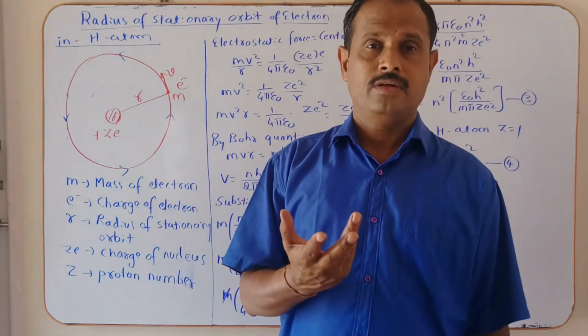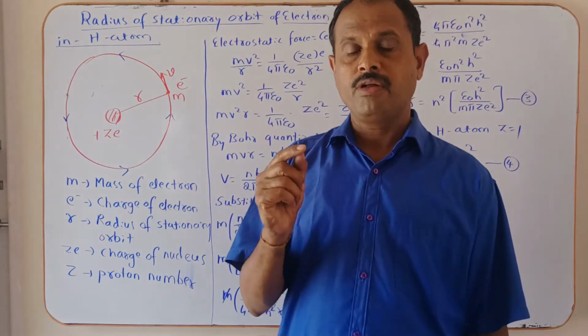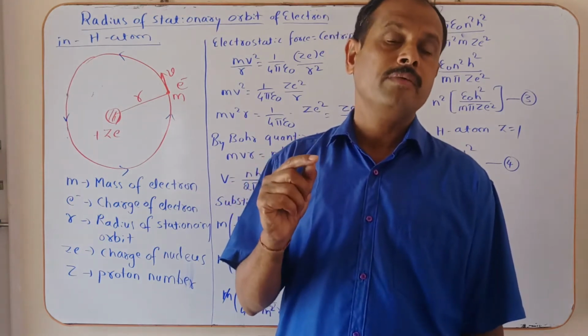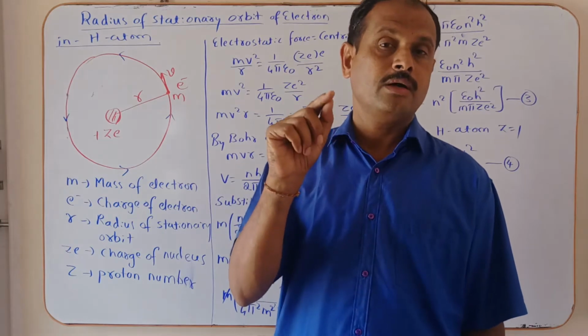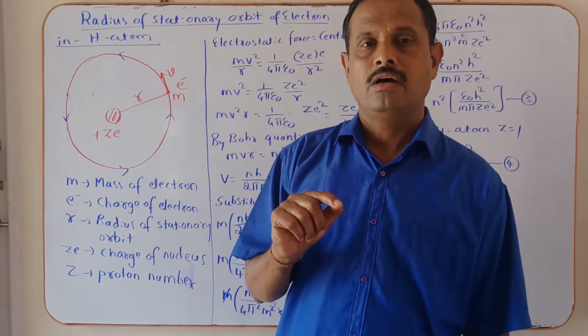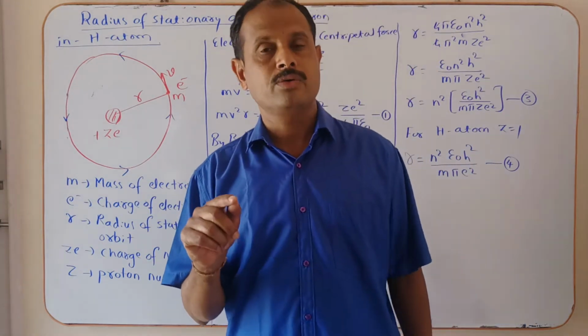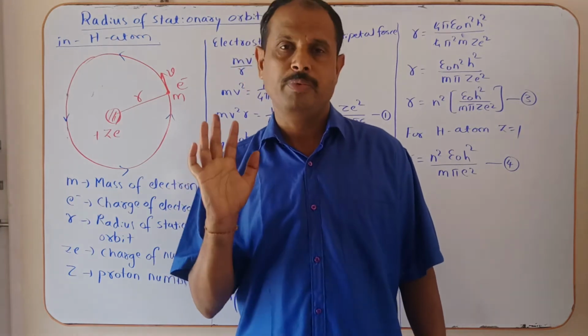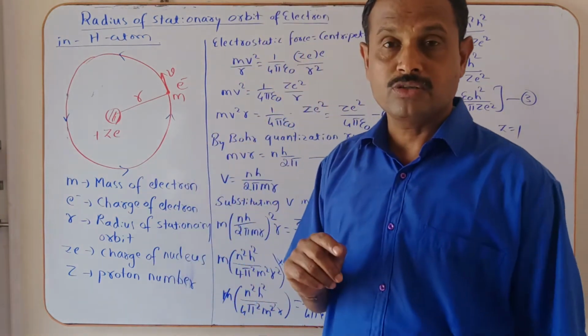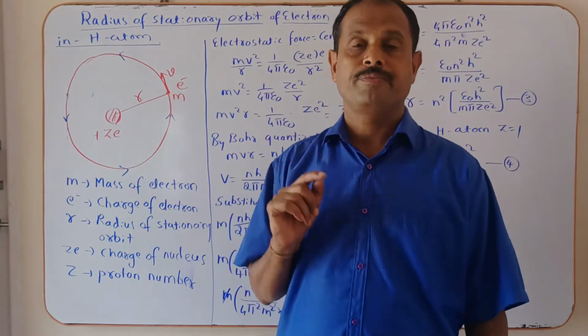That is, L is equal to n h upon 2 pi, or in other words, mvr is equal to n h upon 2 pi. This is the second postulate, also known as the Bohr quantization rule.